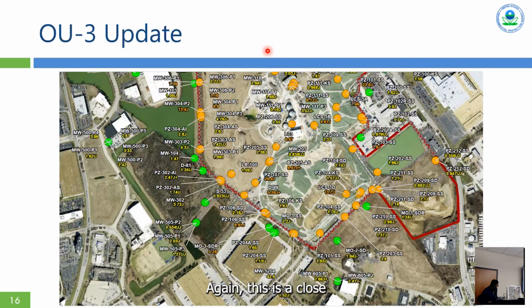Again, this is the close-up of the southern portion of the landfill, so you can get an idea. Again, the orange is on-site wells, green off-site, and also background, but there are no background wells in this figure. The yellow concentrations below the well identifiers are radium 226, 228 concentrations in picocuries per liter. The yellow numbers represent where it's less than the MCL, the maximum contaminant level of 5 picocuries per liter.